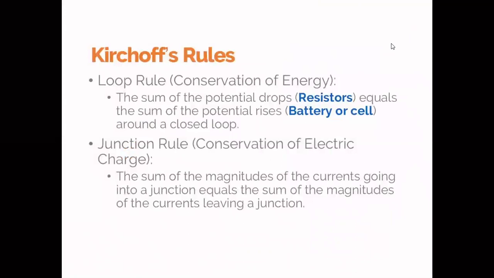So, the sum of the potential drops is equals to the sum of the potential rises around a closed loop. Okay? So, ano yung loop na yan? Later, pakita natin kung ano yung sasabi niyang loop. Then, yung kasunod junction rule, conservation of electric charge. So, the sum of the magnitudes of the current going into the junction is equals to the sum of the magnitudes of the current leaving a junction. So, basically, itong second rule natin, ina-apply na natin to.